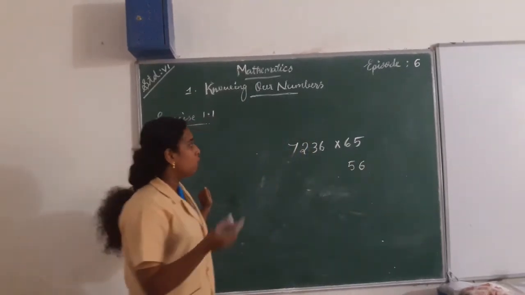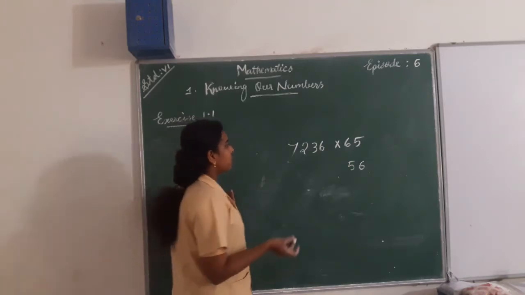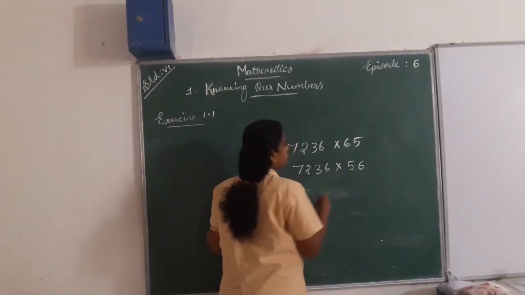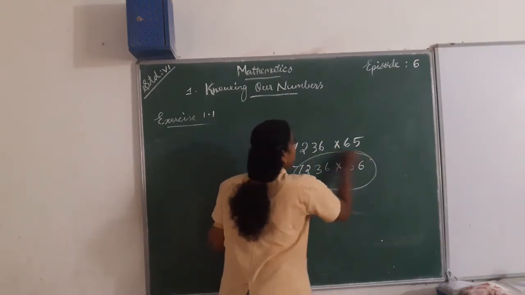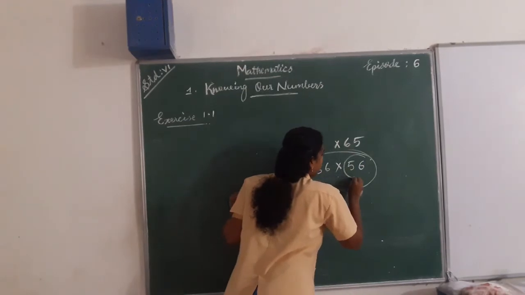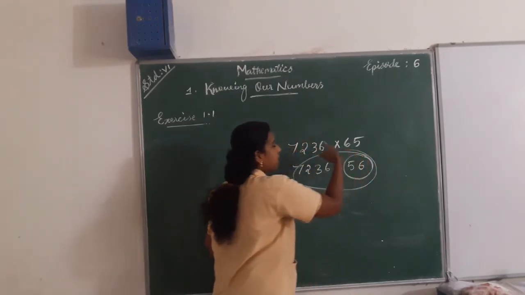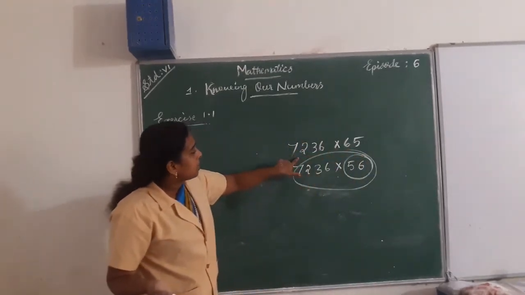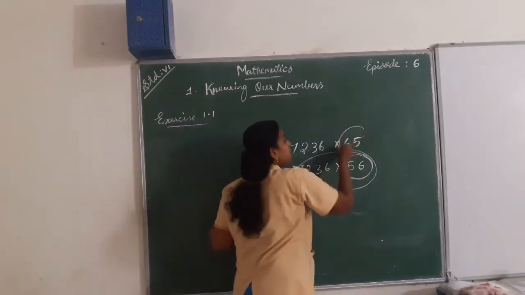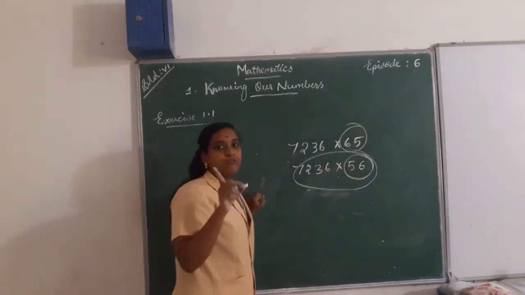Actually, the student wants to find the answer of 7,236 into 56. But he multiplied 7,236 into 65. He used 65 instead of 56.